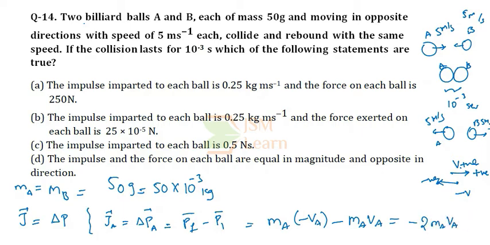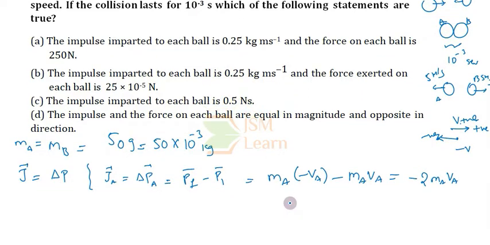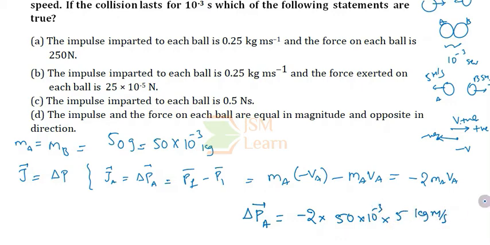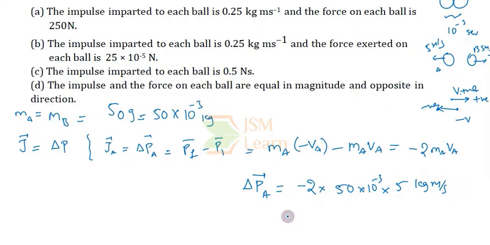So when I substitute the values, the change in momentum of ball A will be minus 2 into 50 into 10 to the power minus 3 into 5, that is in kg meter per second. When I solve this further, I obtain 0.5 Newton seconds, since kg meter per second can be written as Newton seconds.